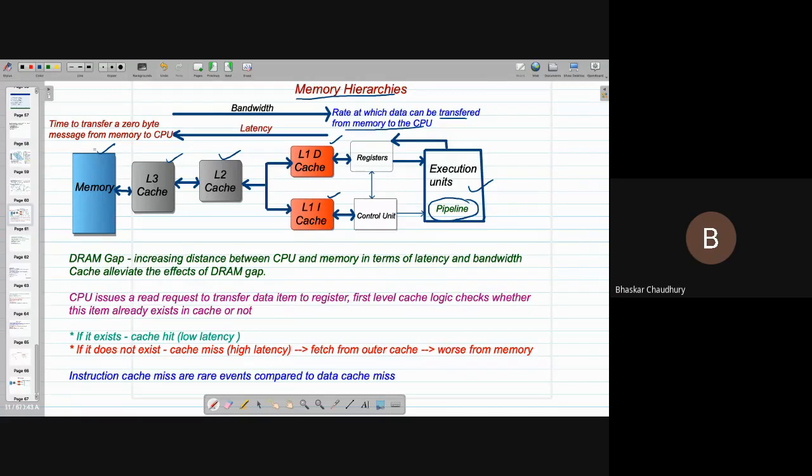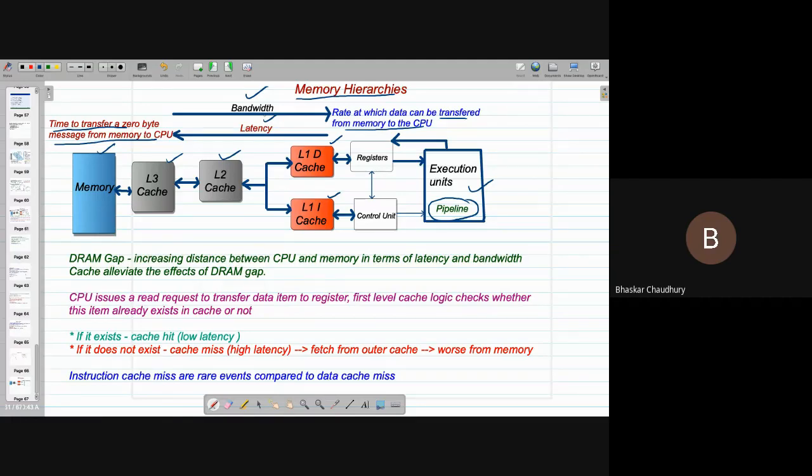Latency is actually the time to transfer a 0 byte message from memory to CPU. So that is the minimum amount of time which you have to spend to send any data to the CPU. So that's the overall picture. Two important things: bandwidth and latency. Bandwidth increases as we go from memory to the execution units, and latency decreases.